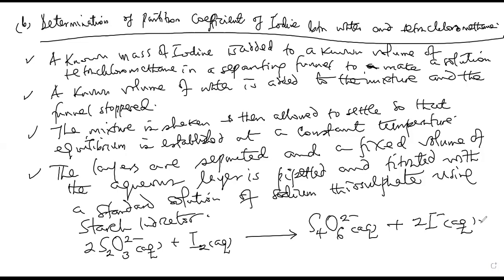Now, since you know the concentration of sodium thiosulfate and its volume, you can easily get the concentration of iodine in the aqueous layer. After getting that, you can get the concentration of iodine in the organic layer by subtraction, and then you obtain your Kd.